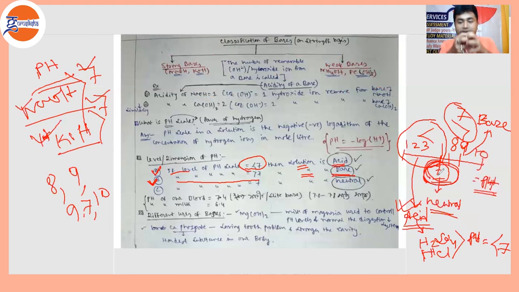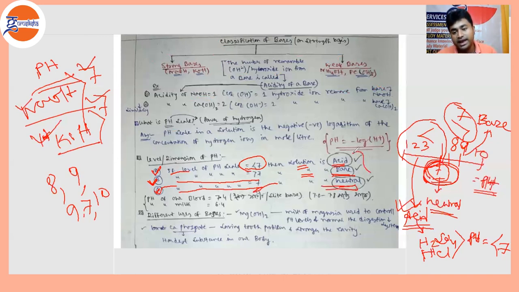This is the combination of acid and base. This is a neutral situation. So come to the C point: if the pH is 7, then the solution is neutral.